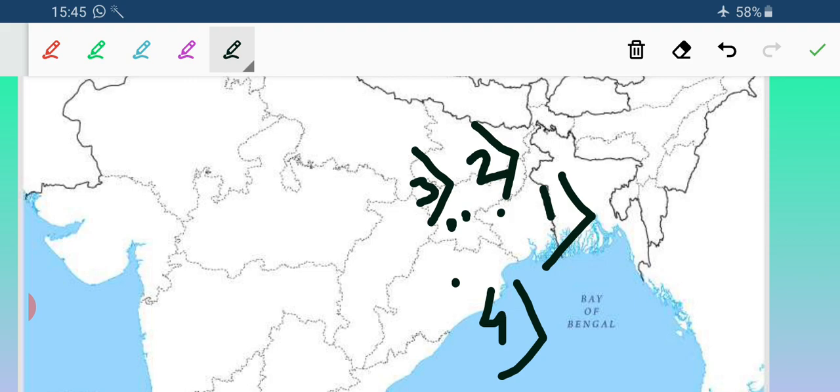Below the Tropic of Cancer in the state of Chhattisgarh, that is Korba. It is Korba, plotting number 5. Next, in eastern Madhya Pradesh, plotting number 6, that is Singrauli, sorry, it's not Singarani, it's Singrauli.